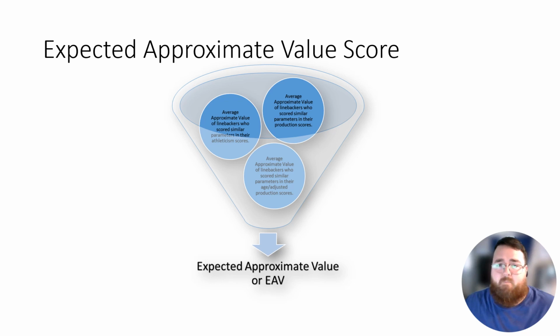This data can give you an idea of who they are as a prospect coming out and what the correlations are as well. So draft expected approximate value, or the data score, takes a look at production, athleticism, physical metrics, the team that they played on, strength of team, strength of schedule, the type of schedule that they faced.